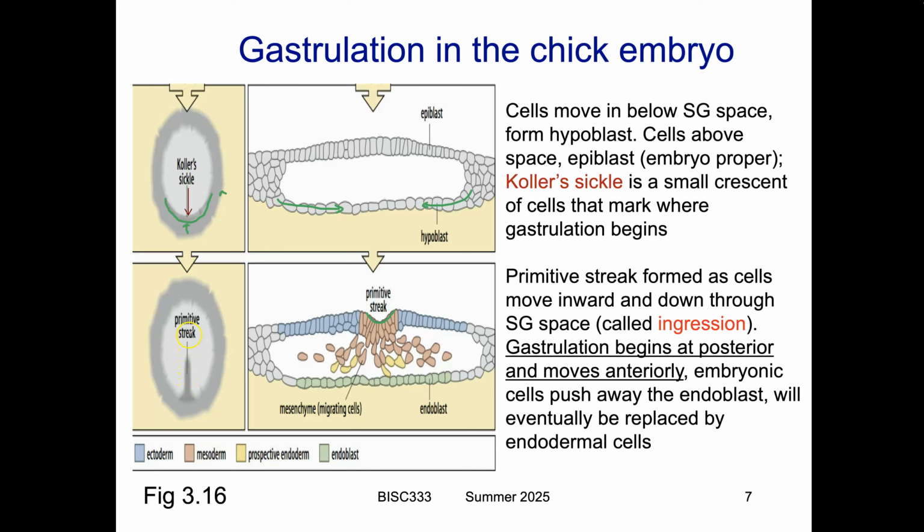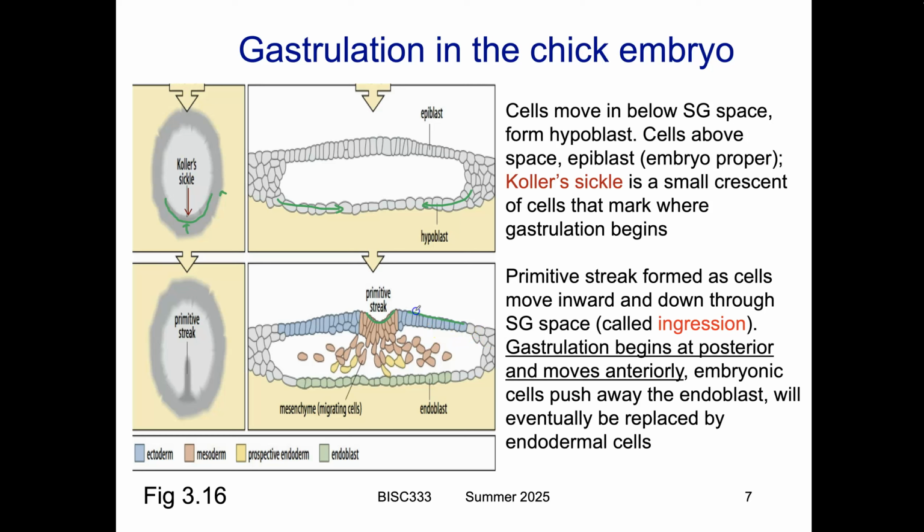It looks like the streak is moving, but in fact what's happening is the cells are moving. It starts in one position, and then the cells up above, more anterior, start doing the same thing. So there are two things: the formation of that groove, and the ingression of cells from this region. There's movement.